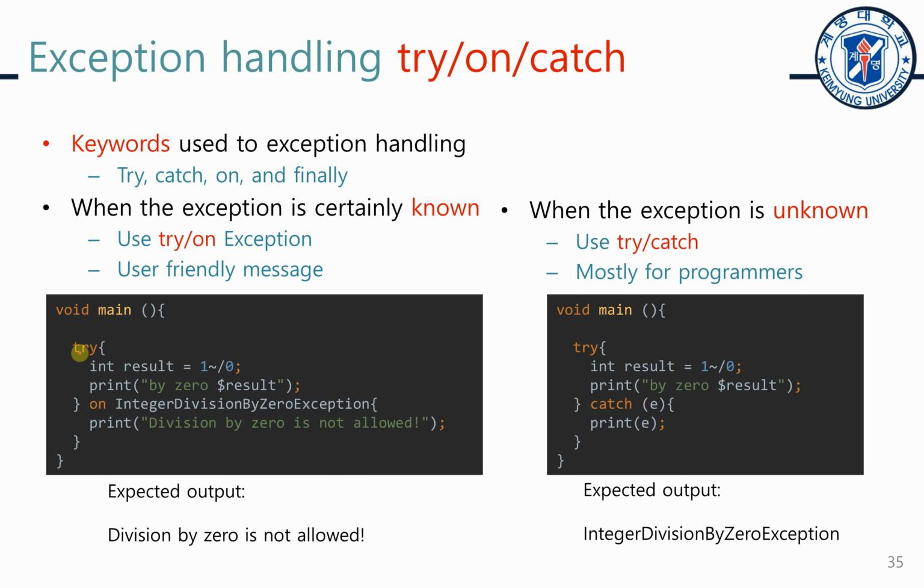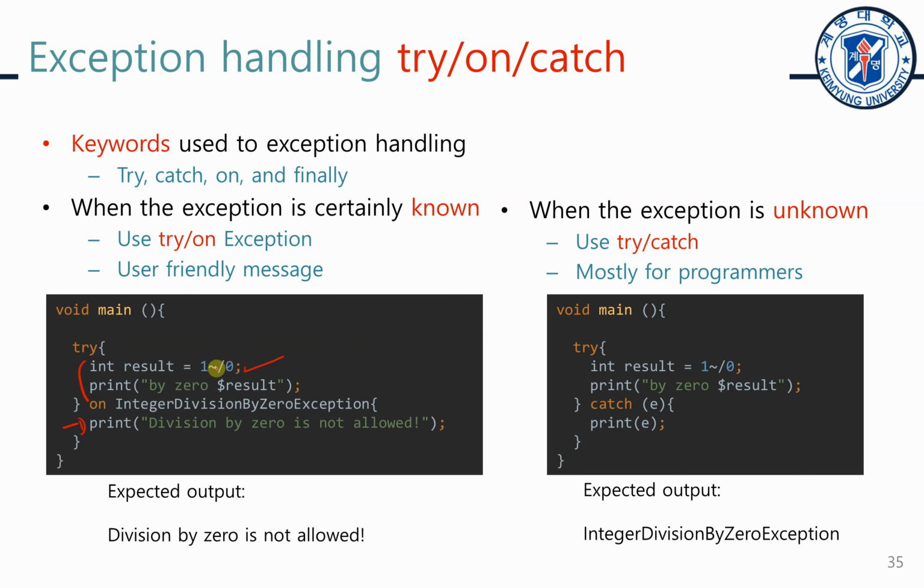For instance, try, what are we saying actually? Try these two codes, and if these two codes have some issues, then print this. That is what we are saying. So it will come here, and then it will try to execute this statement.